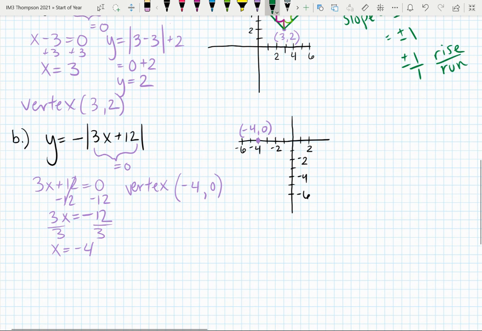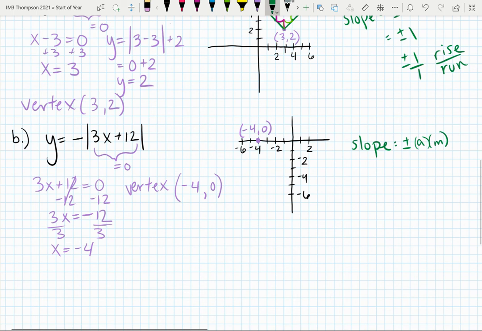All right, so I have a negative in front, and the negative means that this is going to open down, and I need to go ahead and find the slope. So when I look at slope, A, which is the number in front, is just going to be a -1 or a 1.